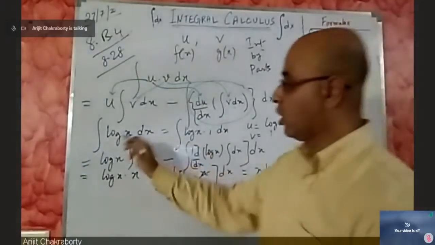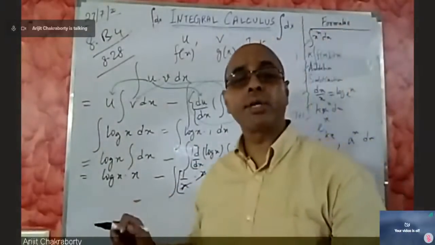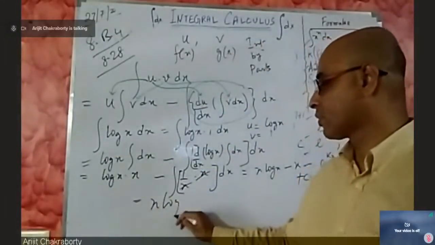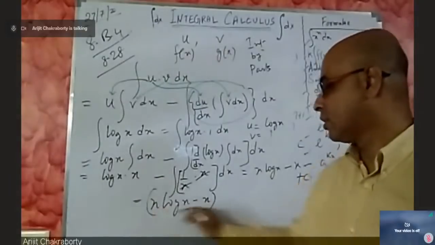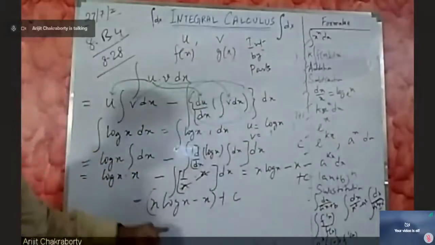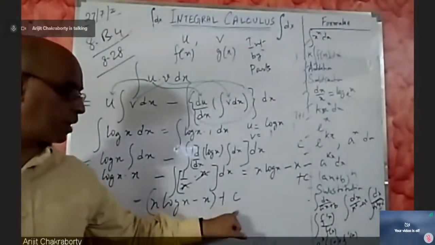So the answer of the integral of log x dx using integration by parts is x log x minus x plus c, where c is the constant of integration. x log x minus x plus c.